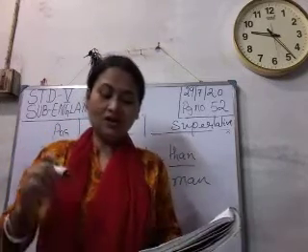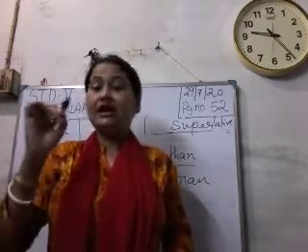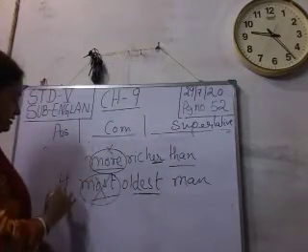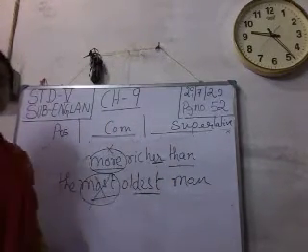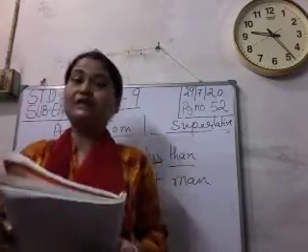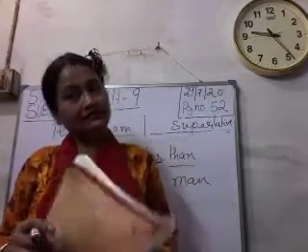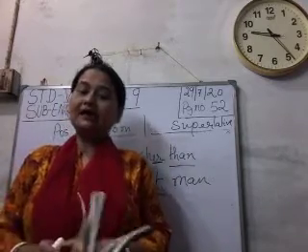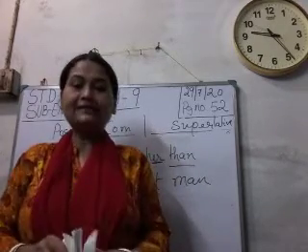Ramlal is the oldest man in the village, and before the superlative degree you definitely have to write the. Keep this in your mind. Before the superlative degree we must use the definite article the. I think you have understood this, isn't it?